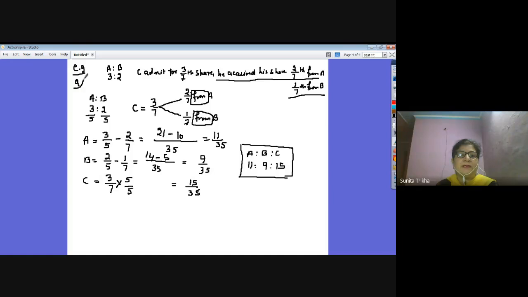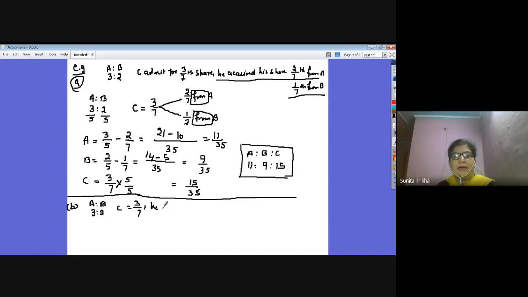Maybe a second possibility is given to you. A and B are partners, sharing 3:2, and C is admitted for 3/7 share, and he acquired his share equally from A and B. What is the change?